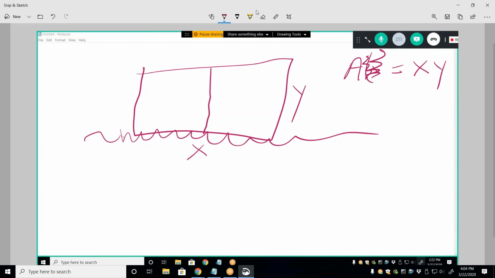So what's our fencing? 270 yards. What's that equal to in terms of x and y?